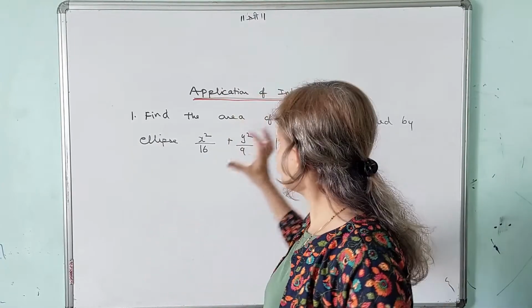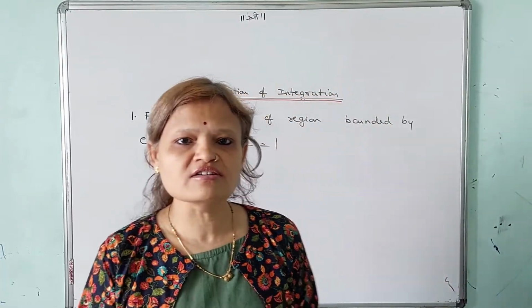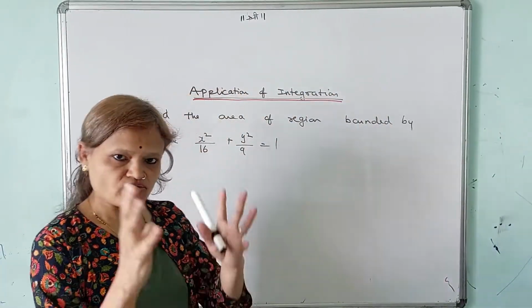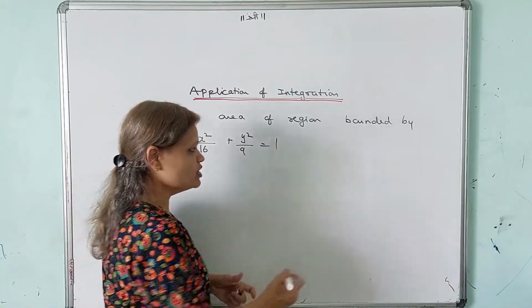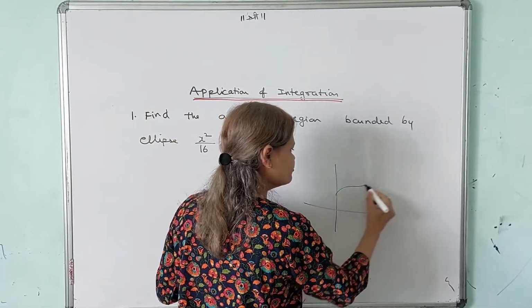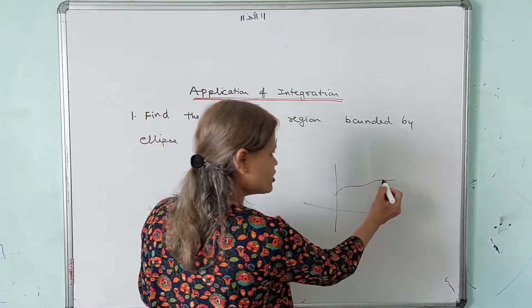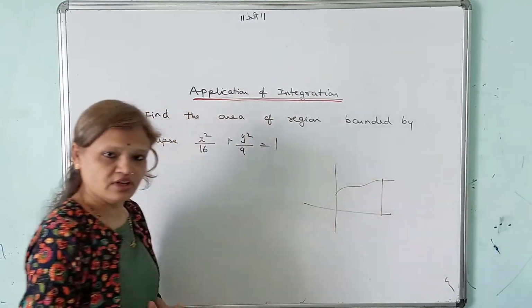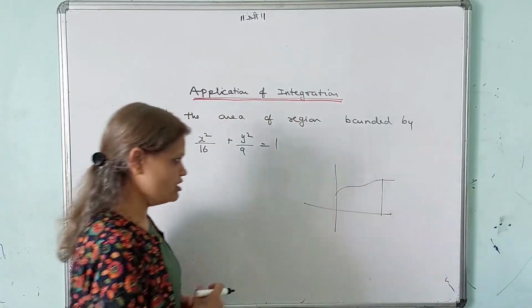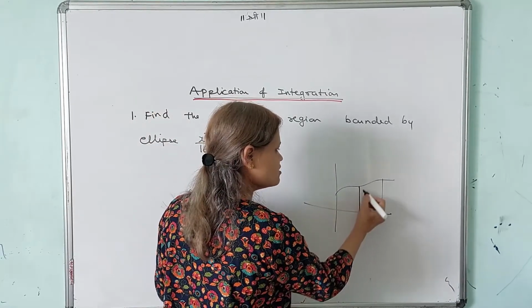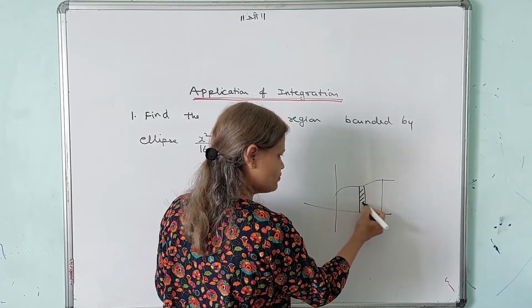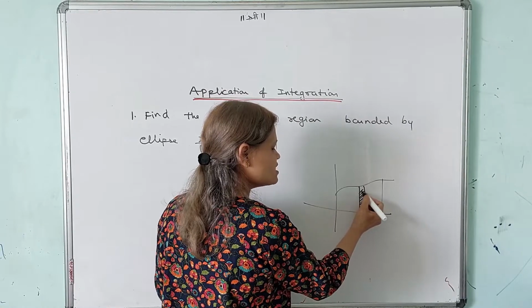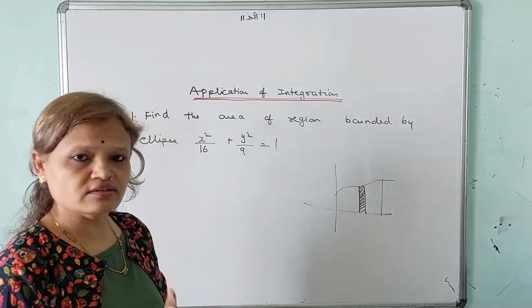So we use this integration to find area under a given curve. So first I'll tell you the principle what we do here. Suppose we have any curve, okay, we want to find the area under this curve. We use the method of integration, means what we do is we consider a small strip. Integration means nothing but adding up together, that is integration.